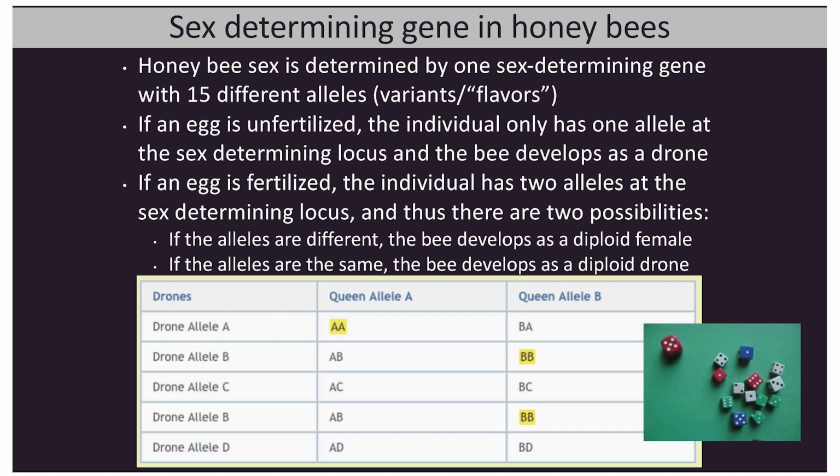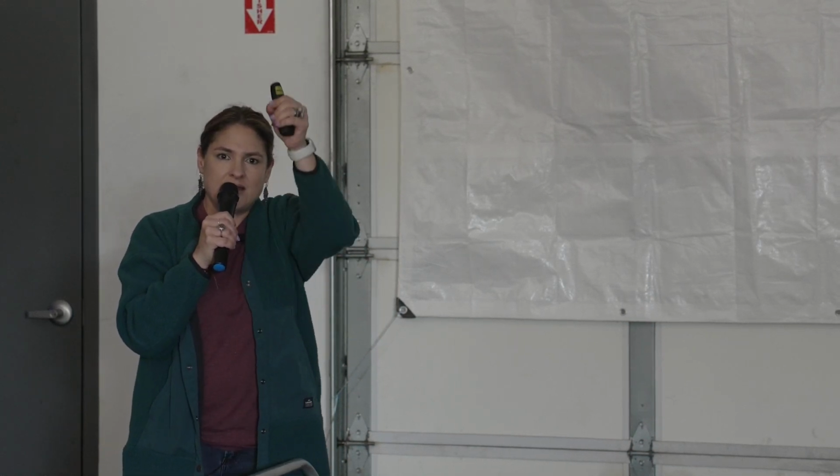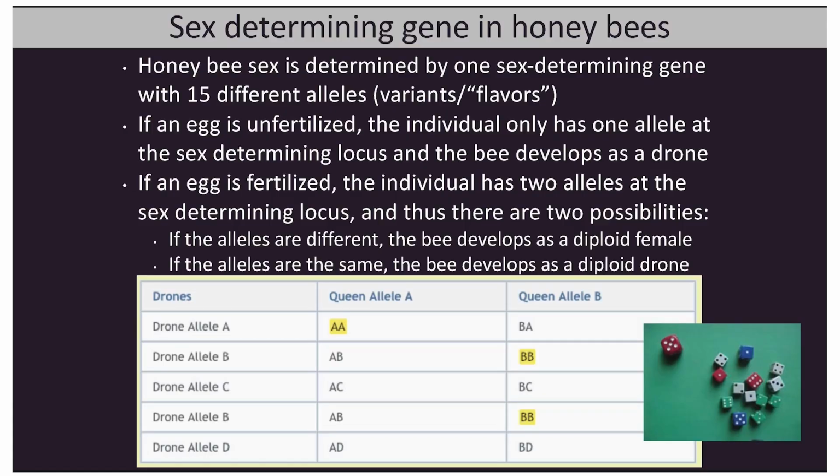The big A, little a, or big B, little b, those are what we would call alleles, the different flavors that the gene can have. If an egg is unfertilized, that individual only has one allele at that sex-determining locus, because there's only one set, one gene, and so that's fine. That individual is going to develop into what I mentioned earlier, a haploid drone.